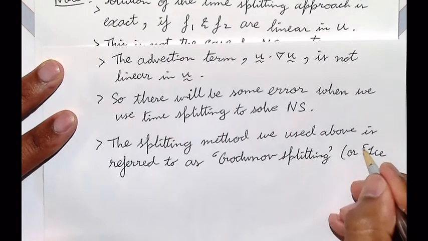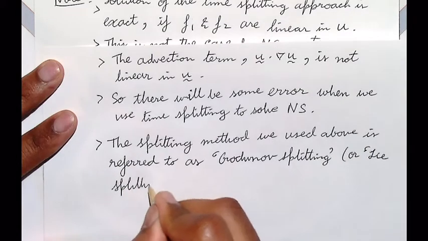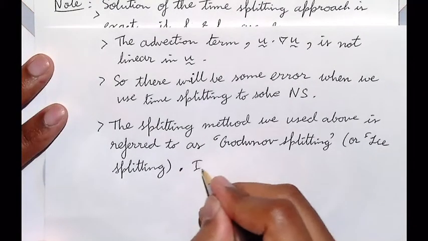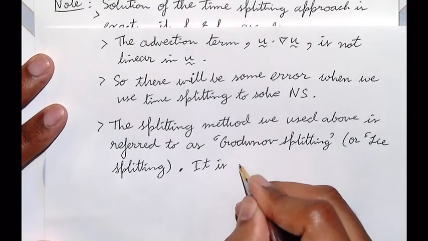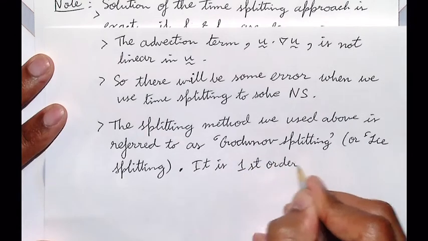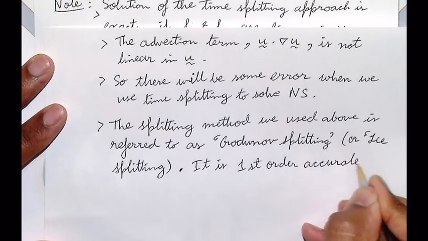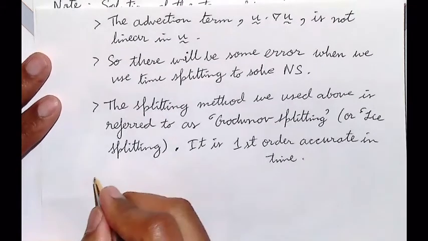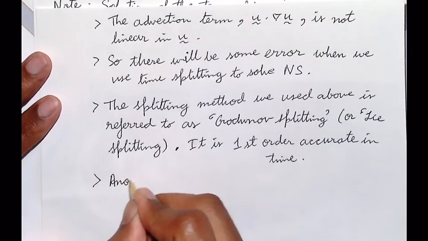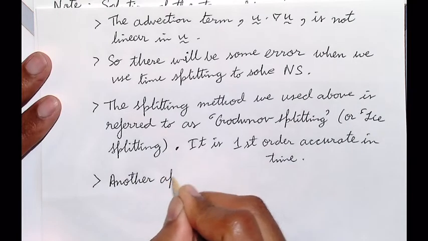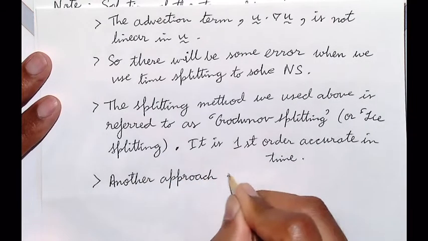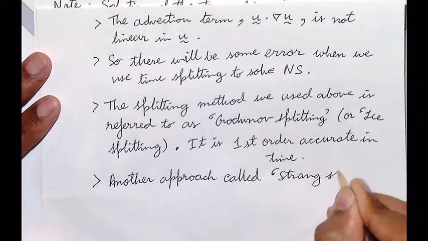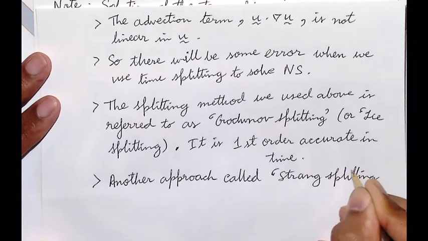This approach is first order accurate in time. There's another approach called Strang splitting, which is second order accurate.